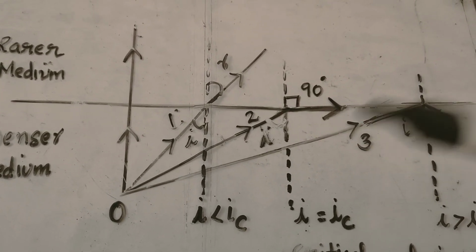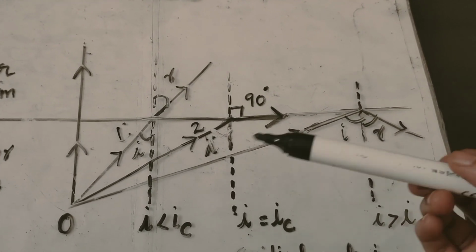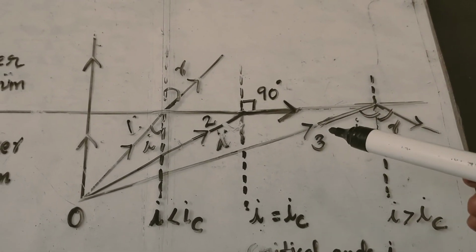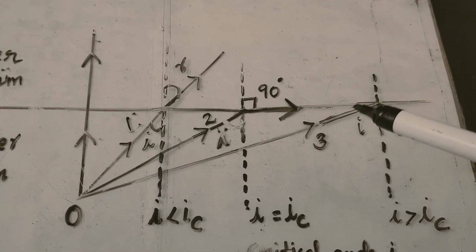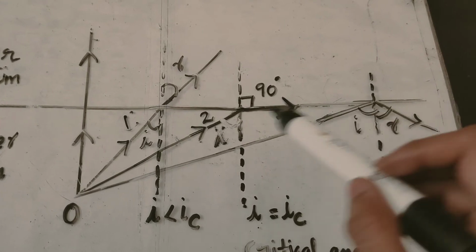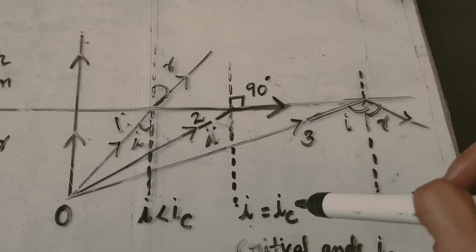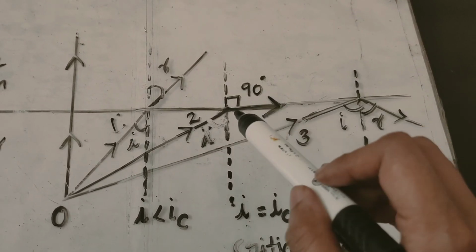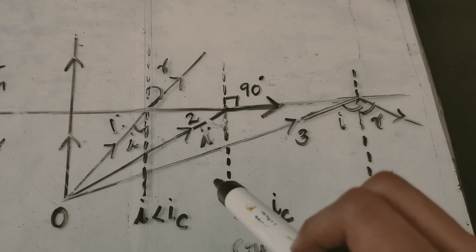Then consider the third one. Here we can see that the angle of incidence is increased beyond the critical angle. This angle is our critical angle. The angle of incidence reaches the critical angle, that is why the refracted ray is going along the surface of separation.